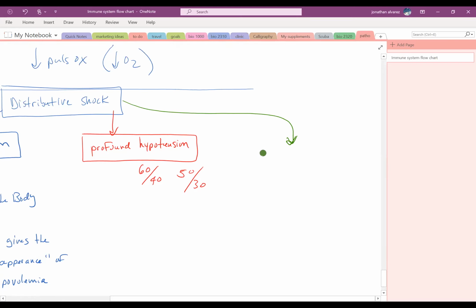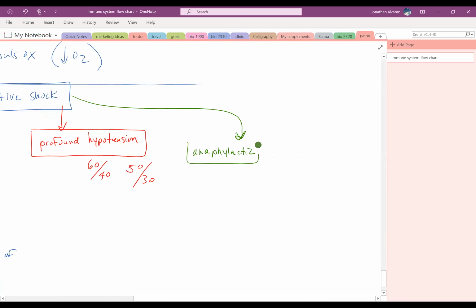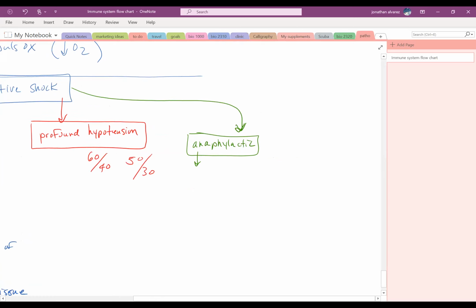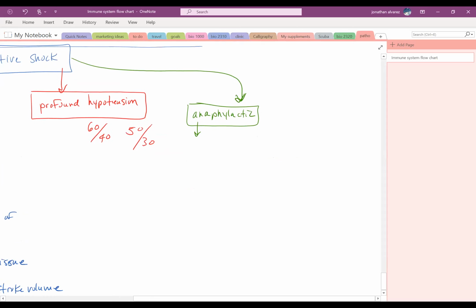Here are the 3 subcategories of distributive shock. All right, so we have anaphylactic. Okay, anaphylactic shock. And this is your anaphylaxis, right?